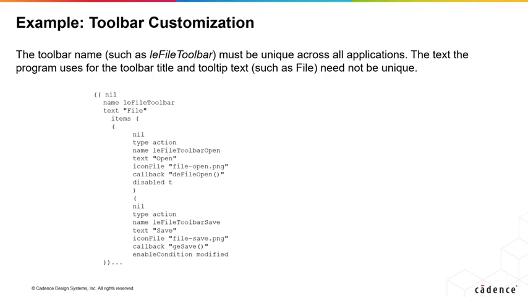You can see it starts with a nil, the type is action, the name is LE file toolbar open, the text is open, the icon file is the graphic that will appear, this is a PNG file. Then the callback is in this case the SKILL function that will execute, which is DE file open. And then we also see the same thing for the save, where the file save PNG is specified and the callback is GE save.